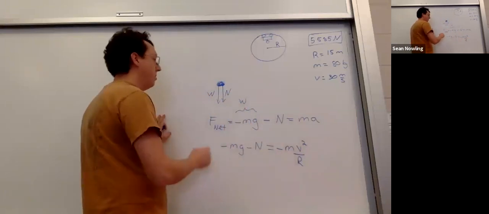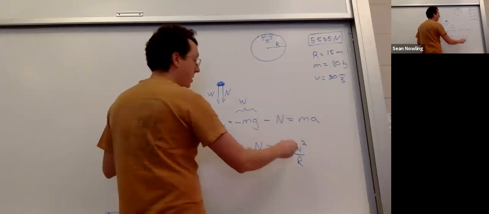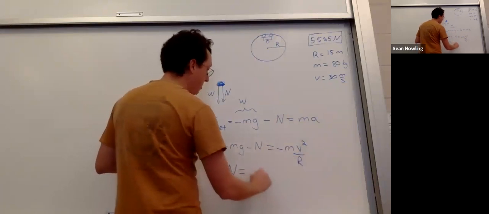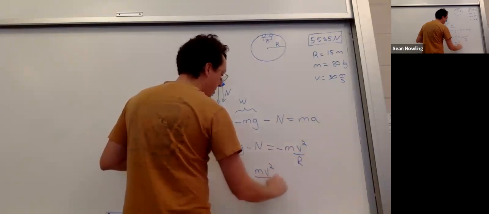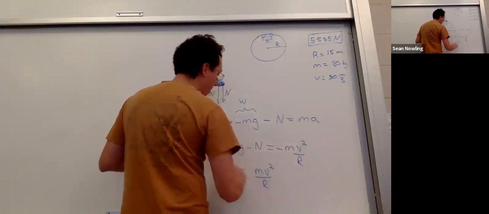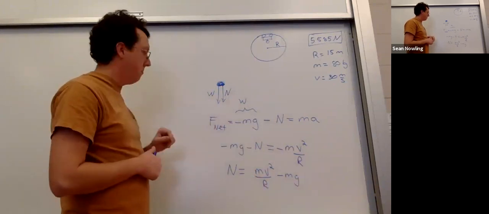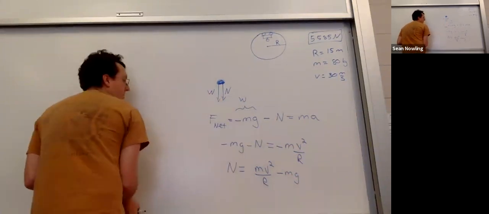Okay, very good. We know the mass, we know g, we know the speed, and we know r. So we have all the numbers we need. We just rearrange this to say that the normal force equals mv squared divided by r minus mg. Let me do this in my head, since I failed to have my calculator out.